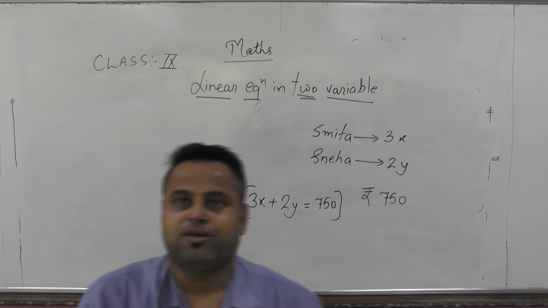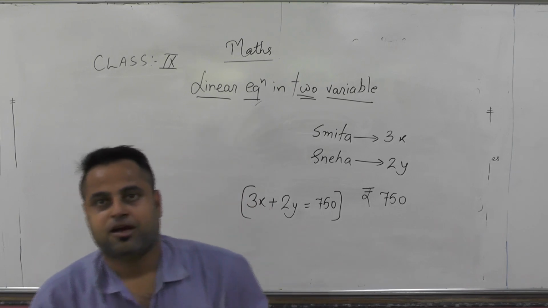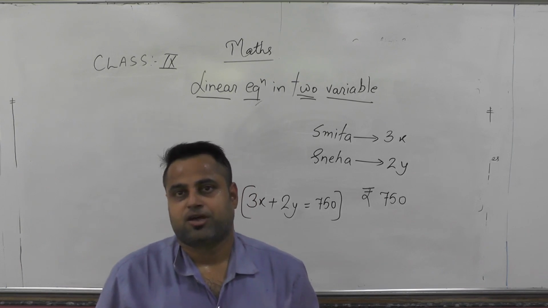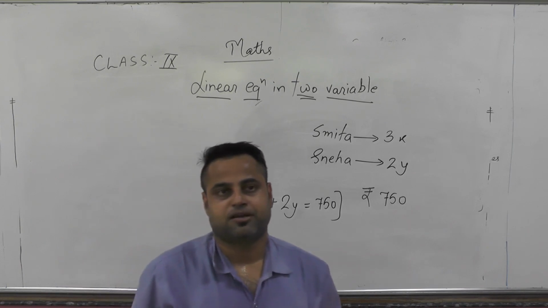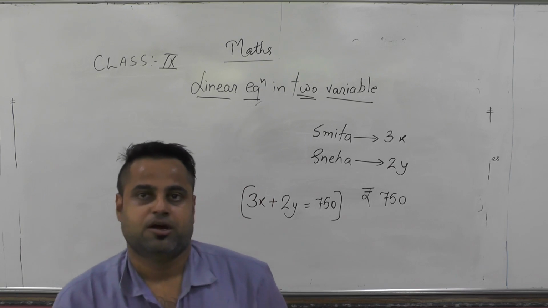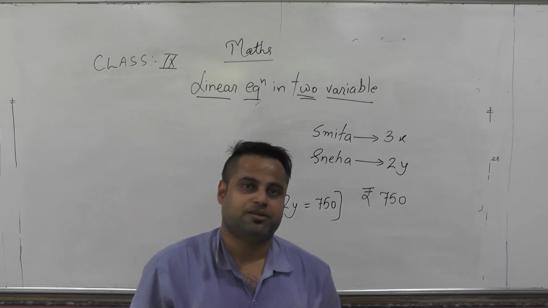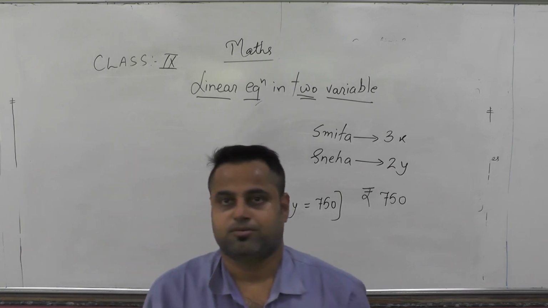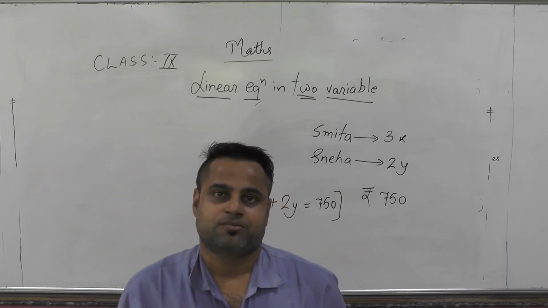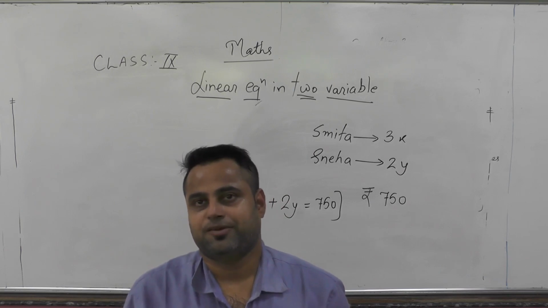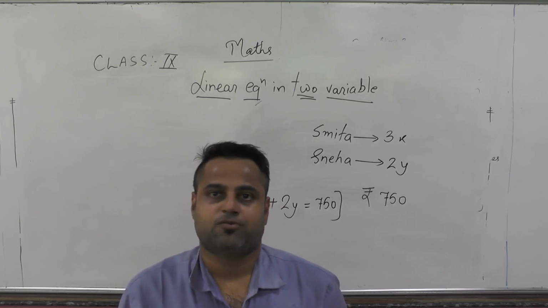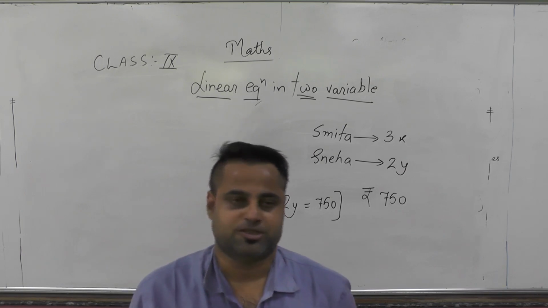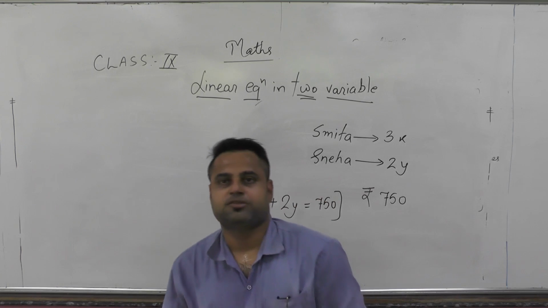You can make it with a difference. Suppose you are buying rice and wheat together from the market, and they don't have the same rate. It may be possible they have the same rate, but generally they have different rates, and we purchase different amounts. Suppose we purchase 5 kilos of rice and 10 kilos of wheat, and that costs 1000 rupees.